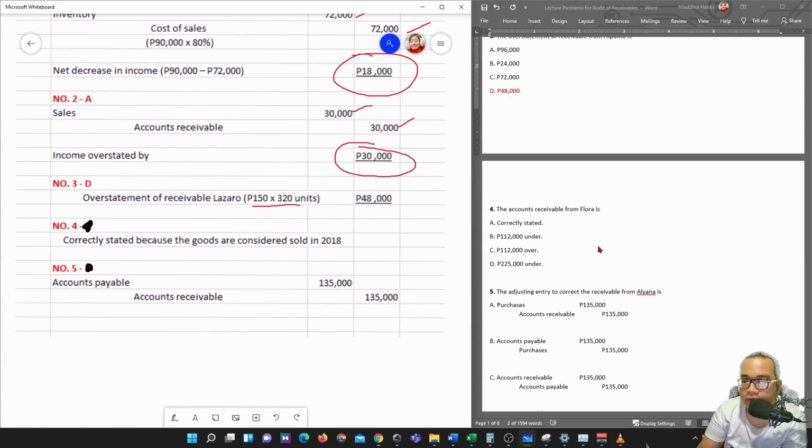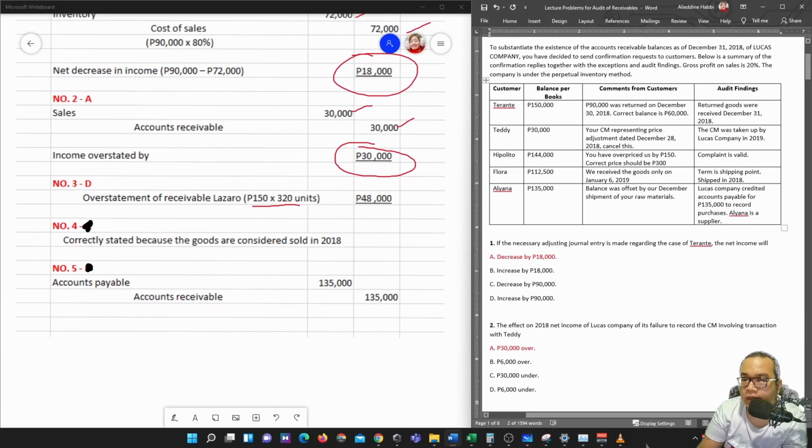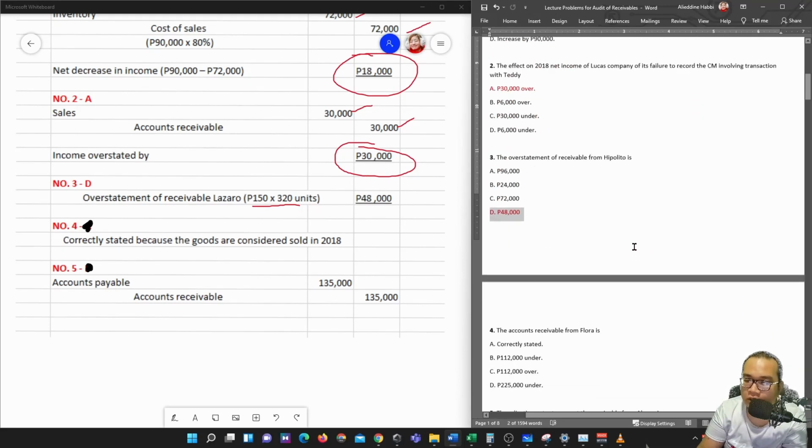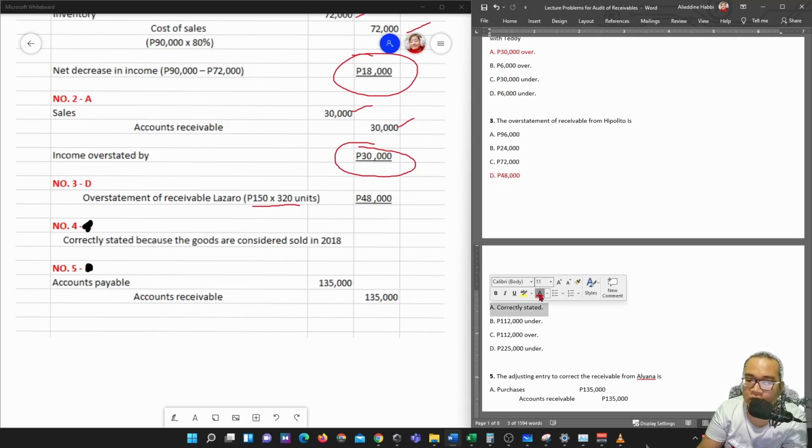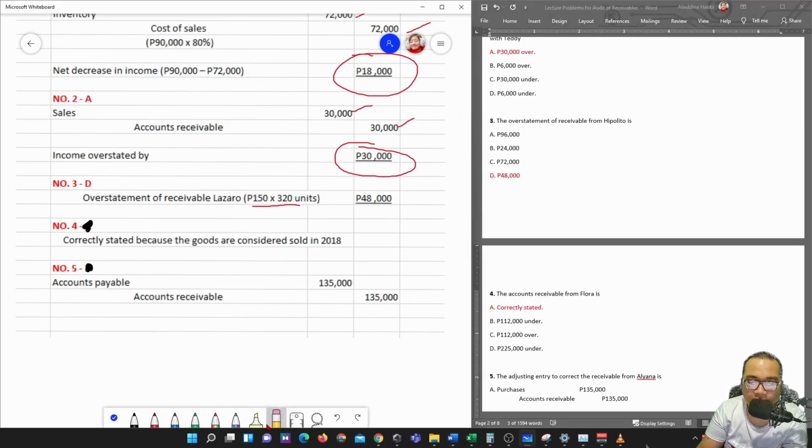Next is, the accounts receivable from Flora is 112. We received the goods only on January 6, 2019, pero yung term ng goods is shipping point and it was shipped in 2018. So, ano sabi mo? It is correctly stated. Wala tayong problema dyan. Bakit?